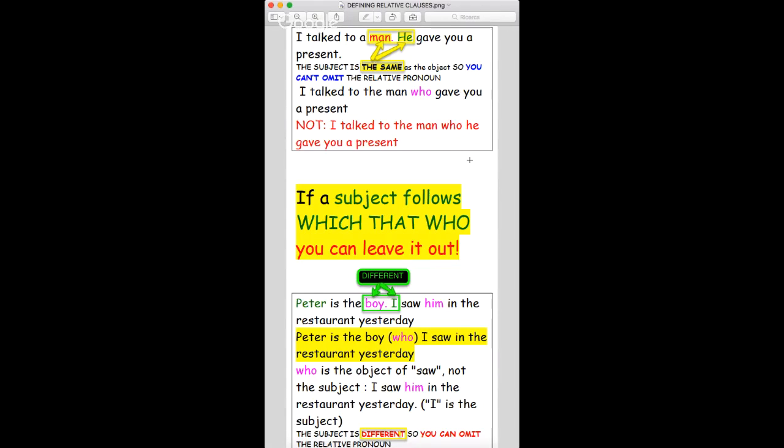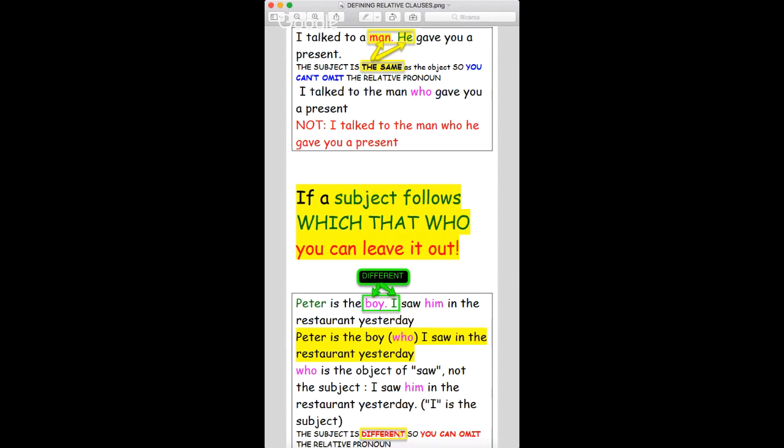So it's not really important to specify that he's very young. However, that's an extra piece of information, let's say. Even if I say Peter is the boy I saw in the restaurant yesterday and don't specify who is very young, it doesn't really matter.